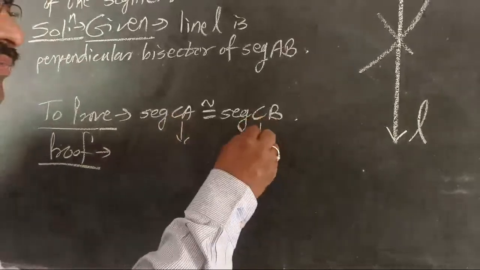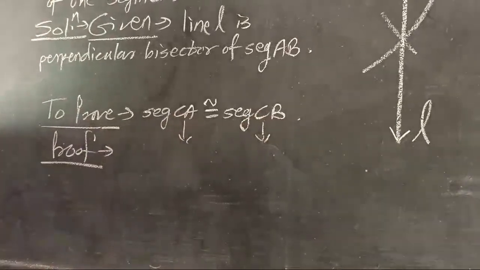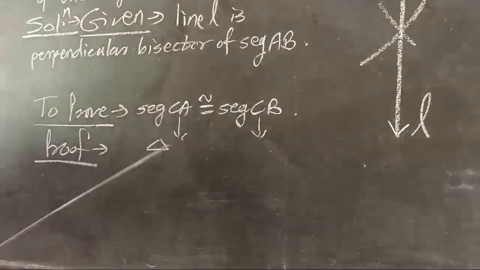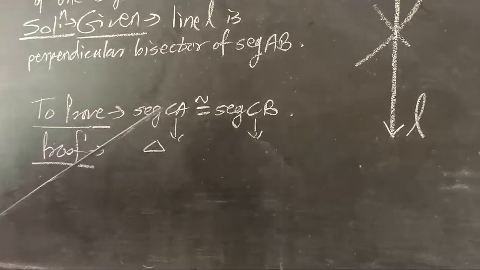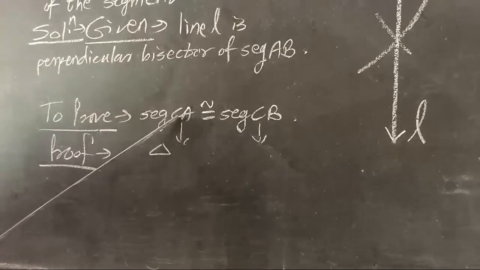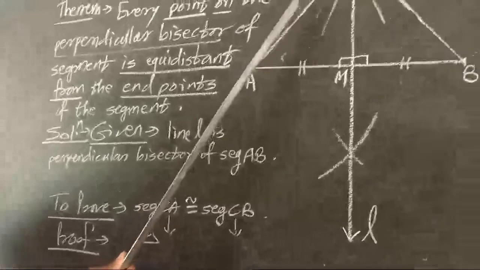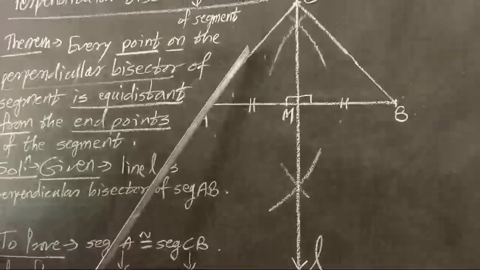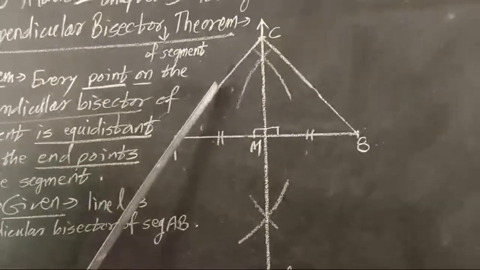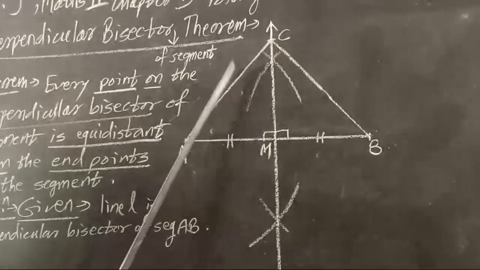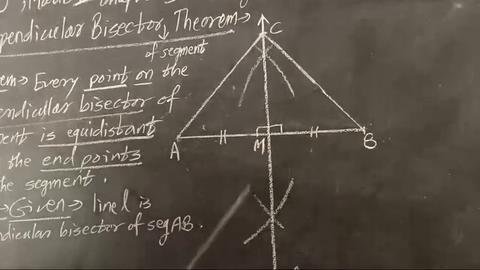Two triangles we show here congruent. For that purpose, tell here the name of the triangle including the CA side. Triangle CAM. Triangle CAM is the correct answer.